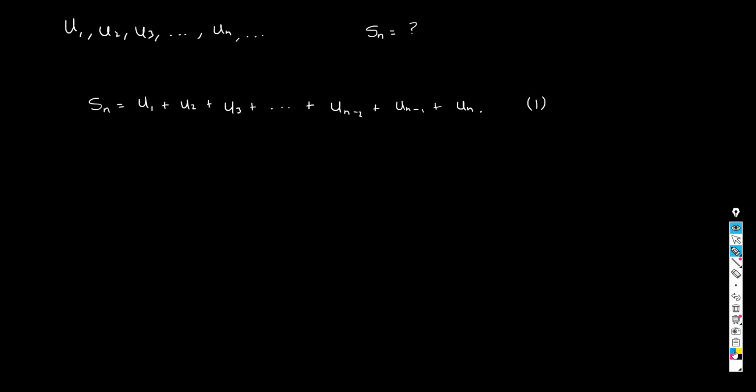I'm going to do that in blue. So let me just copy the whole thing: u1 plus u2 plus u3 plus all the things in between plus un minus 2 plus un minus 1 plus un. Even though it's the same as equation 1, I'm going to label it equation 2.